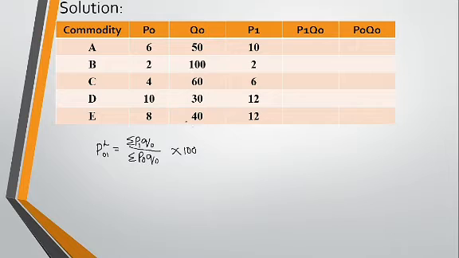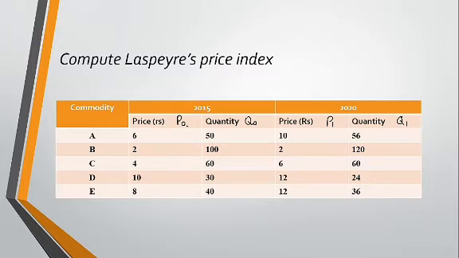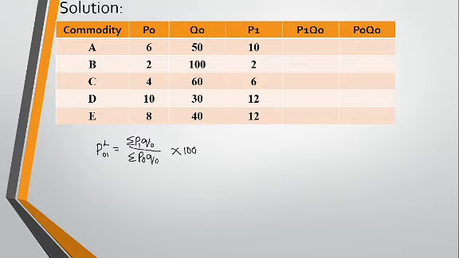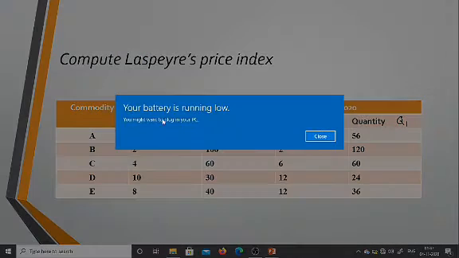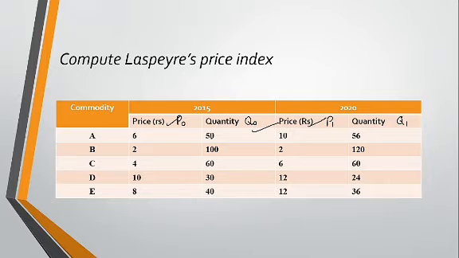So what we need is P1 and P0, the price of the base year and the price of the current year. Also we need Q0, because we multiply Q0 for both. So we need the quantity of the base year. So we have to take these three pieces of information.